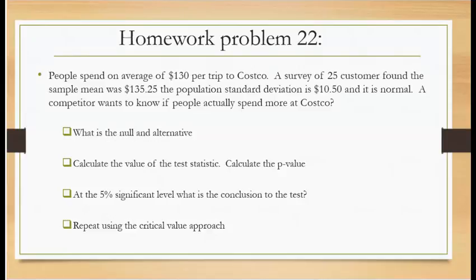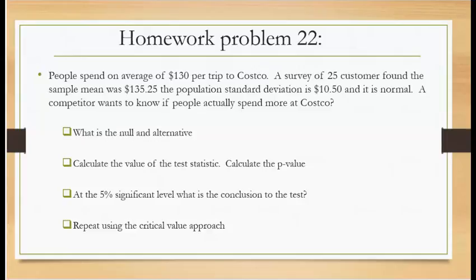It's always a good idea to pause and think about it, because it isn't really all that far away from 130, but we've got 25 people, so that gives it some weight.